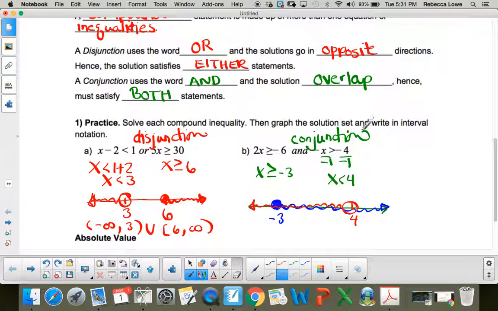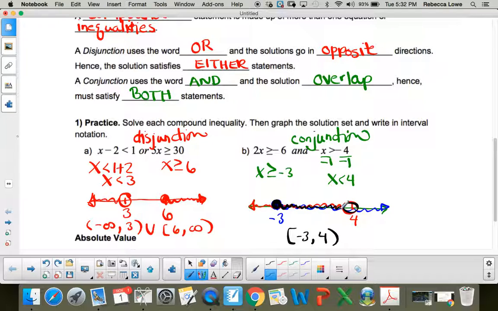But the solution to a conjunction is where they overlap. So the solution is actually from -3 all the way up to and not including 4. So the solution is where they overlap. Using interval notation, it would be bracket -3, 4 parenthesis.